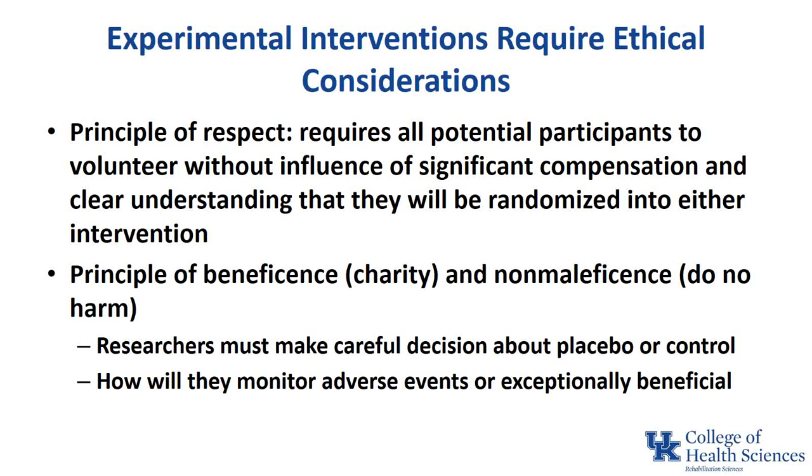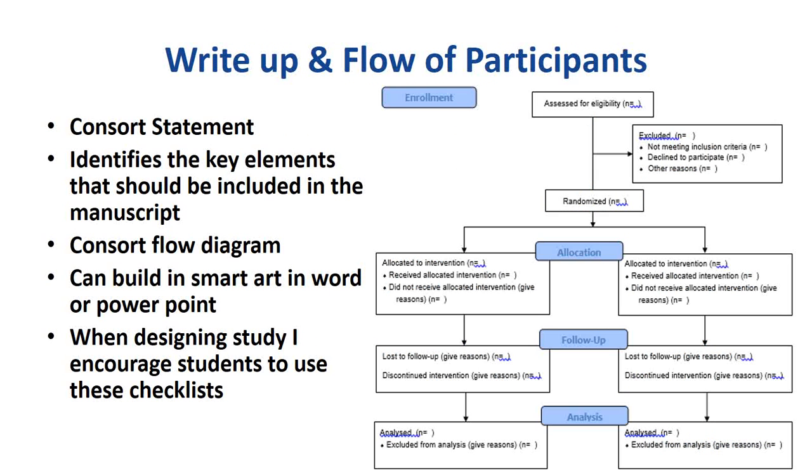That potentially biases, and you want to minimize that as much as you can by explaining to the subjects the uncertainty: we really don't know if putting you under anesthesia and operating on you really makes your shoulder feel better a year or two down the road. So we have to make careful decisions about what our control is and how we're going to monitor these adverse events. And Dr. Fleischer talked a lot about data safety monitoring.